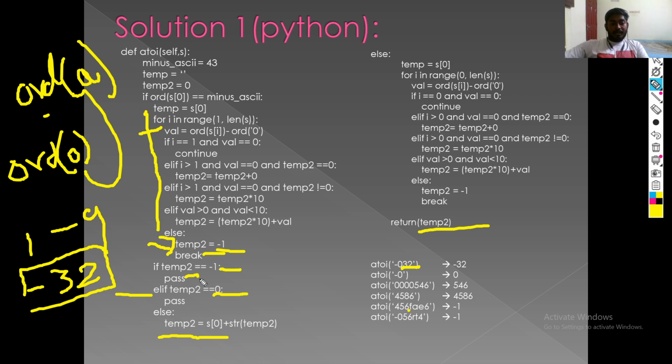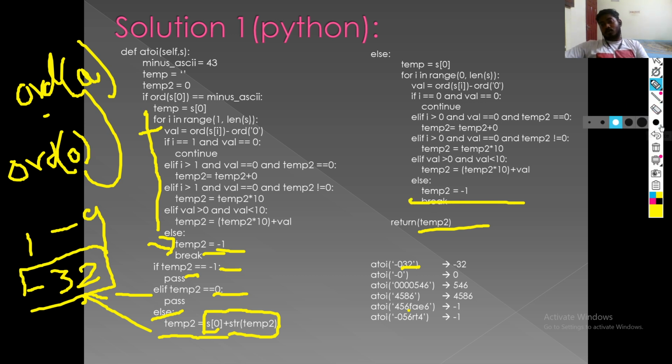The minus value should be included in the final output. If temp2 is equal to -1, pass. If temp2 is equal to 0, pass. Else temp2 is equal to s of 0 plus string of temp2. This statement is for this particular place. Otherwise, this whole statement is repetitive only, there is no additional thing.